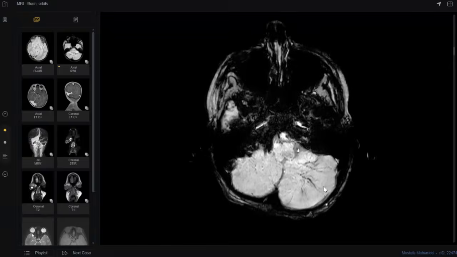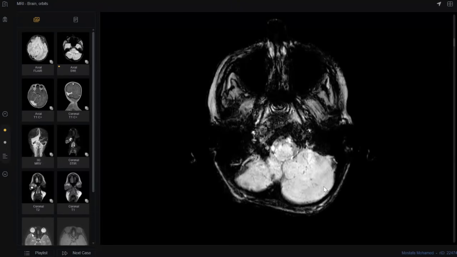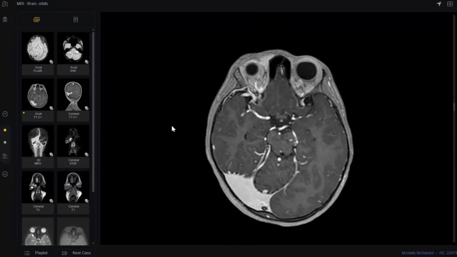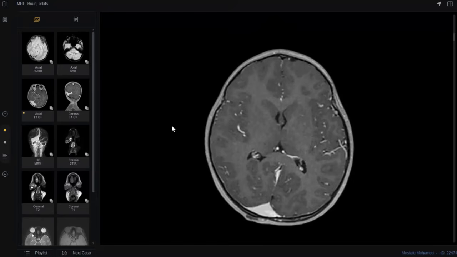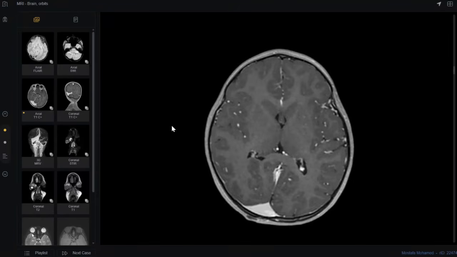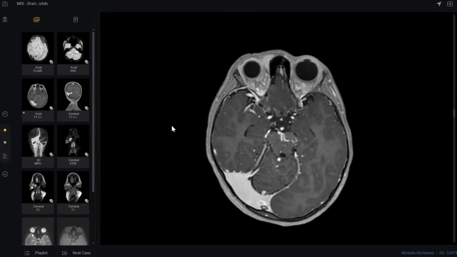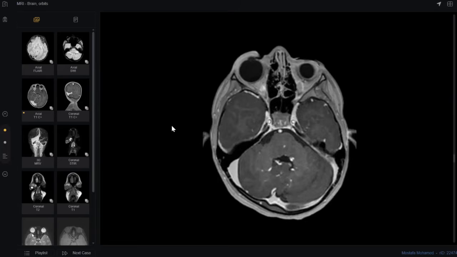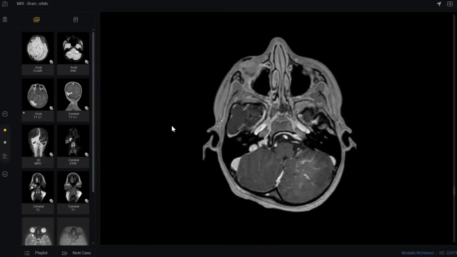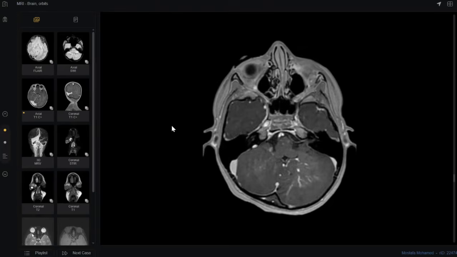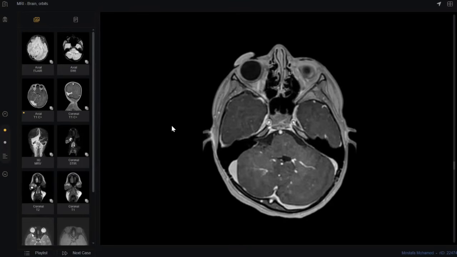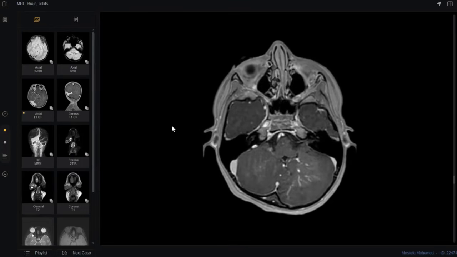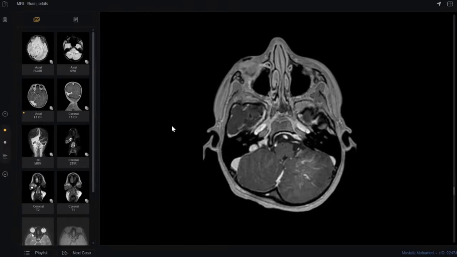Yes, multiple vessels are there. I think the dural venous sinus is dilated, the right transverse.